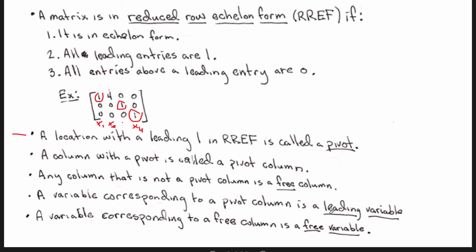So a variable corresponding to a pivot column is a leading variable, meaning x1, x3, and x4 are my leading variables. A variable corresponding to a free column is a free variable. So here x2 would be my free variable.